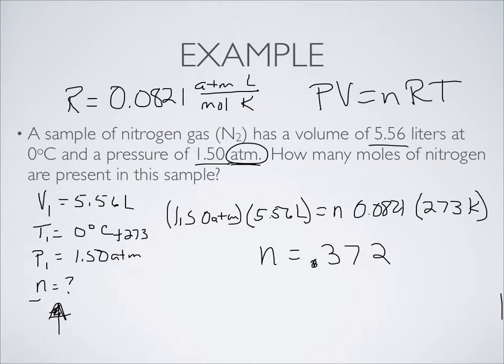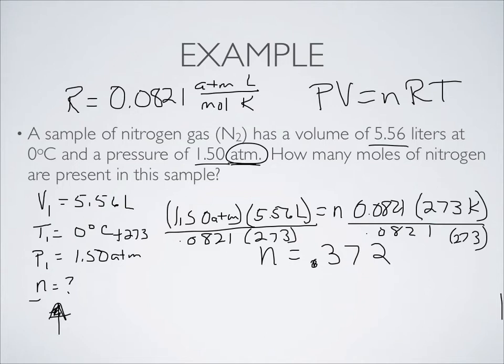If you don't understand exactly what I did there, just do the algebra like you normally would. Divide both sides by 0.0821 and 273. That should give you that answer right there.